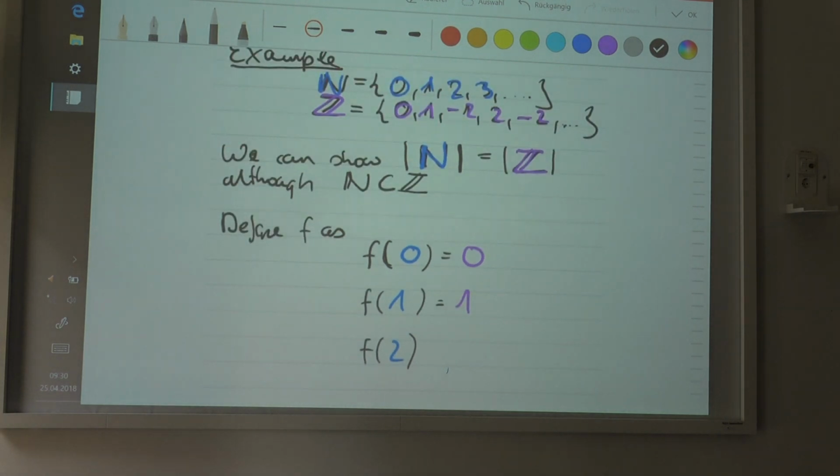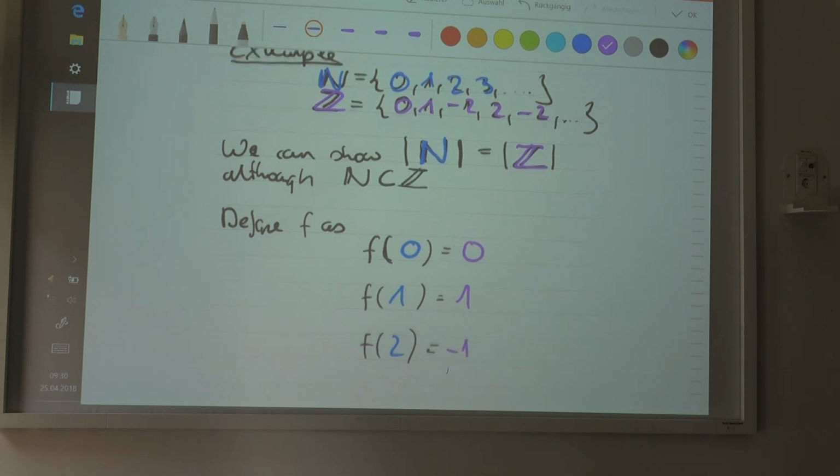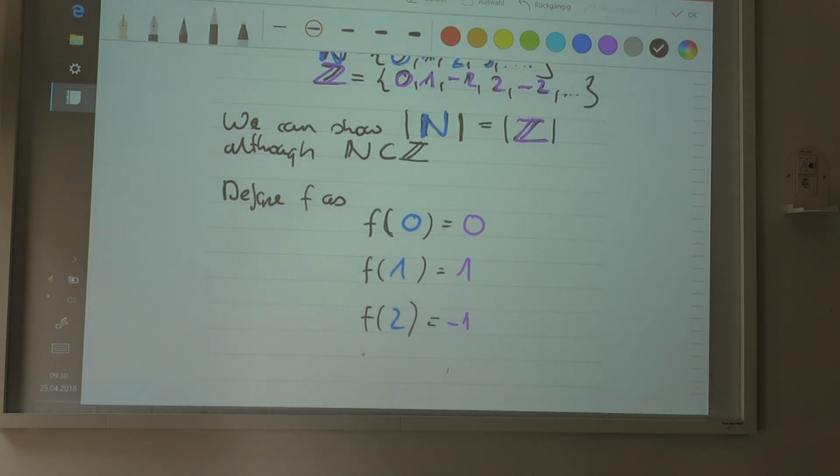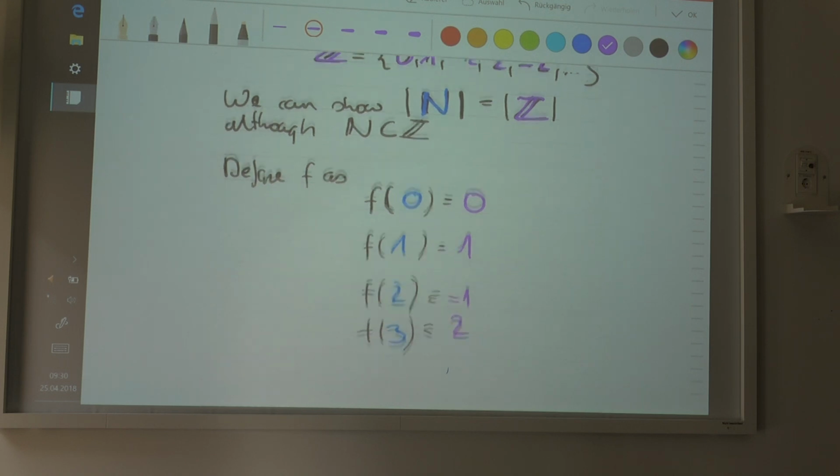It would be -1. To see it better, what would be the image of 3? The image of 3 would be 2. You see? Etc., etc. We move on. You understand this?